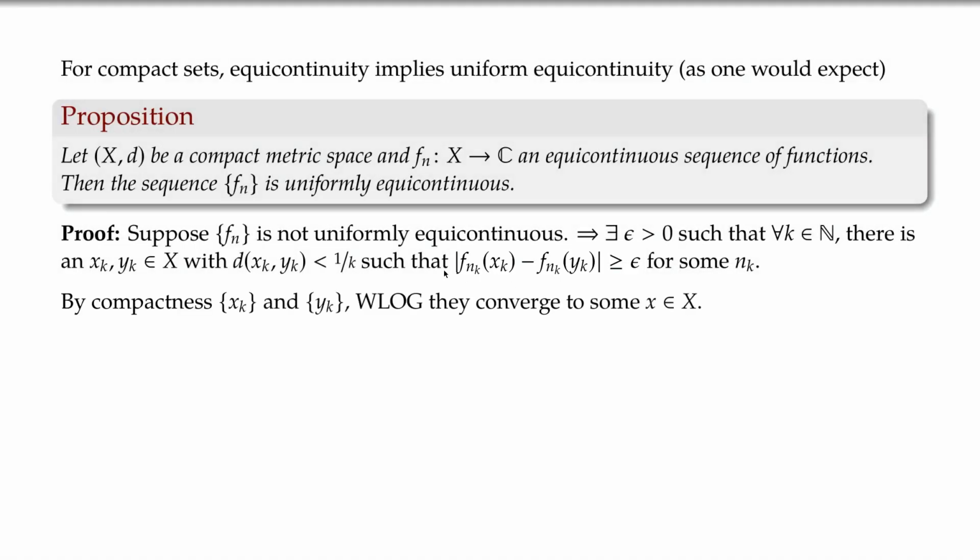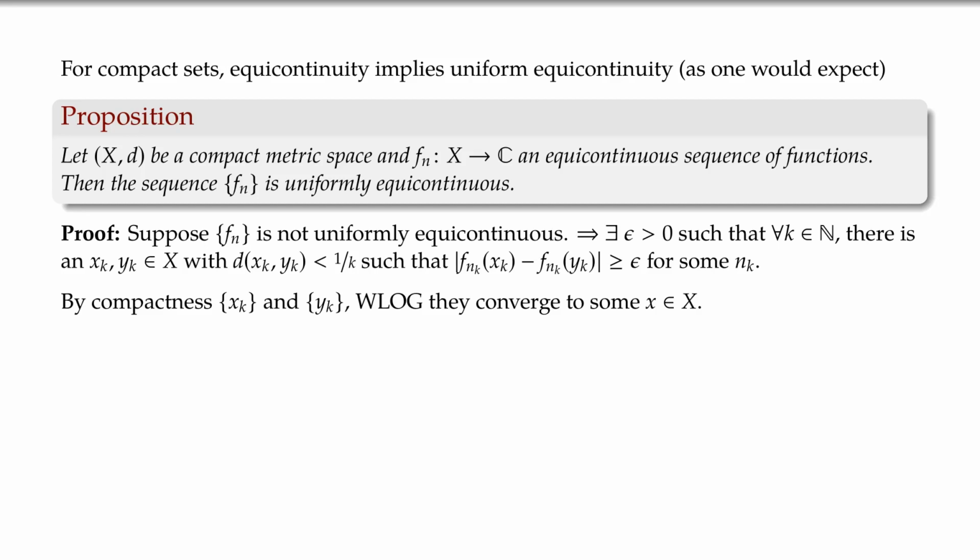Okay, so by compactness, we can just assume that these guys converge, and they clearly have to converge to the same point because they get closer and closer. Why can we do that? Well, that's just Bolzano-Weierstrass, because these are sequences in a compact metric space.